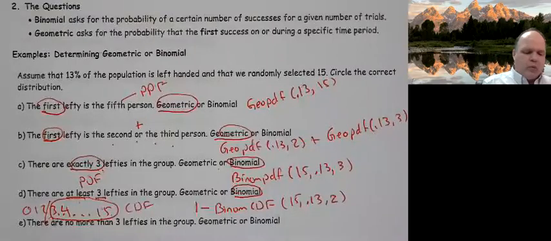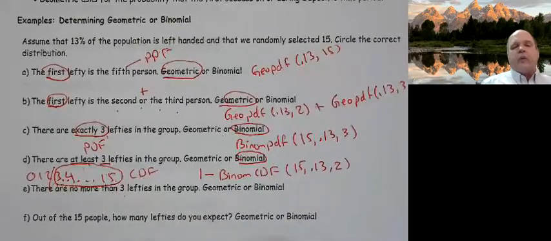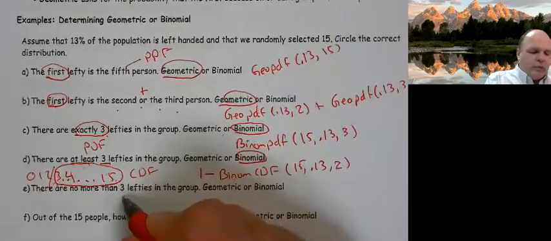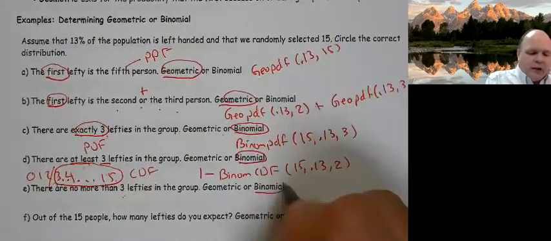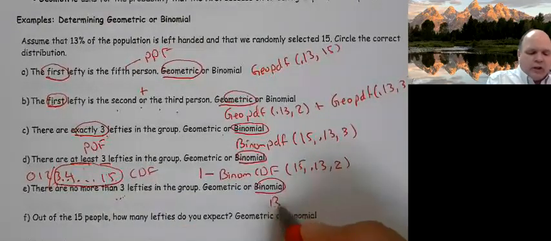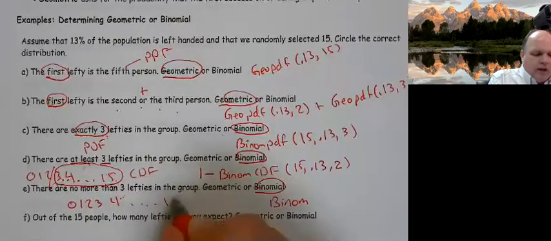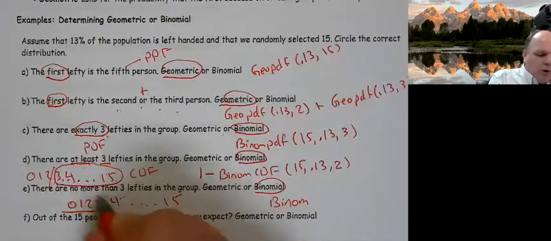All right, so this would be the work shown for this. There are no more than 3 lefties in the group, geometric or binomial? Once again, we have a certain number of successes that we want, so this is going to be a binomial. And we have multiple values, because it can be 0, 1, 2, 3, 4, all the way up to 15, and I want no more than 3.